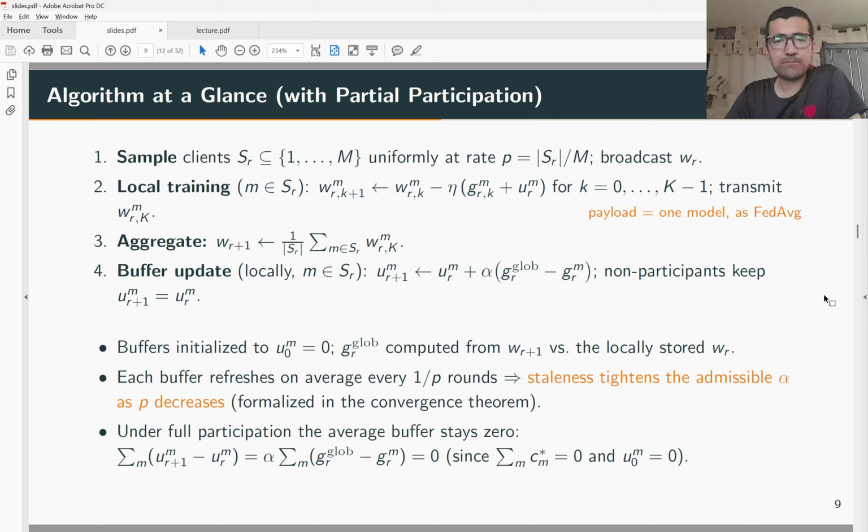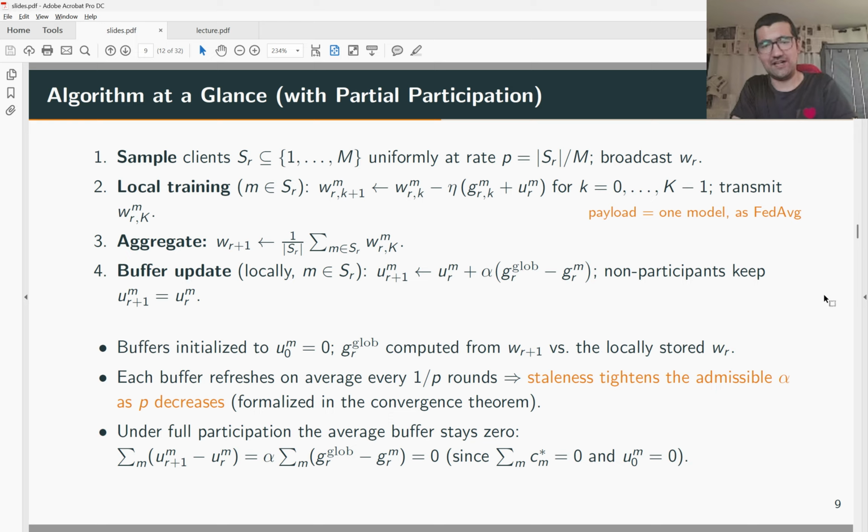Now with partial participation, which is how this would actually run, 4 steps here. 1. The server samples a fraction p of the clients and broadcasts the current model. 2. Each sampled client runs its corrected local steps and sends back only its model.